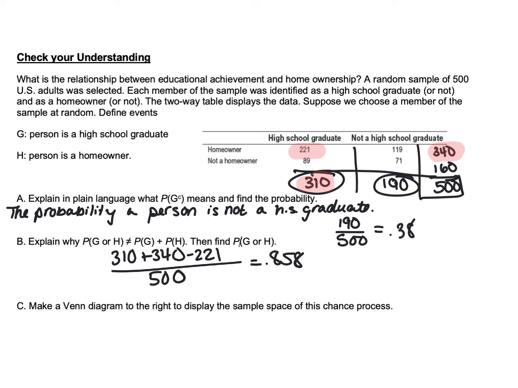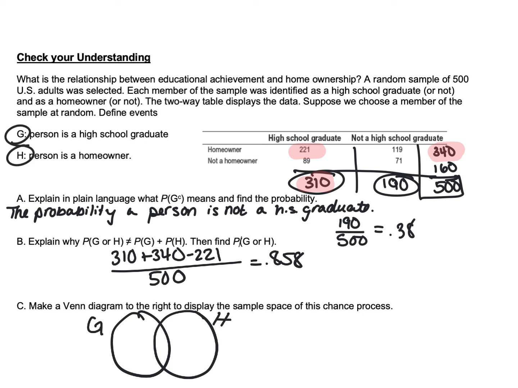Now we're making a Venn diagram. And this Venn diagram, I'm just going to again use, let's see, it was G and H for my events up here. And I'm going to use my raw counts, not the relative frequencies. So 221, I had 89, 119, and then 71 is neither.